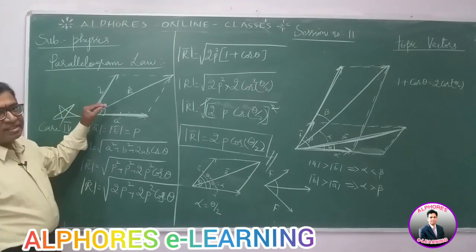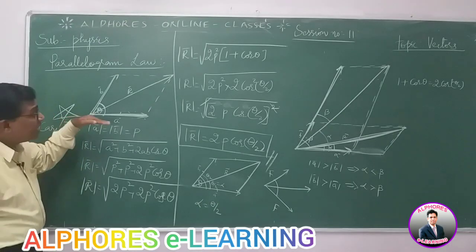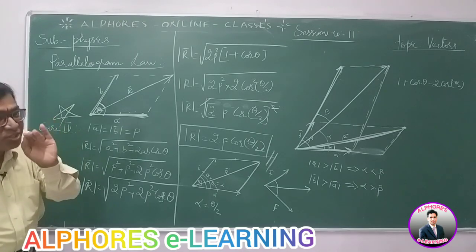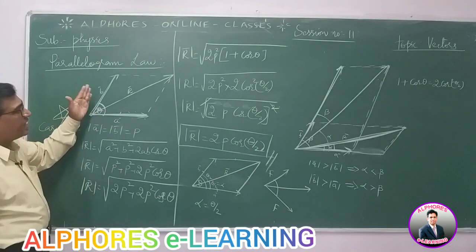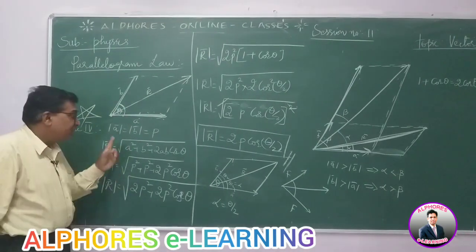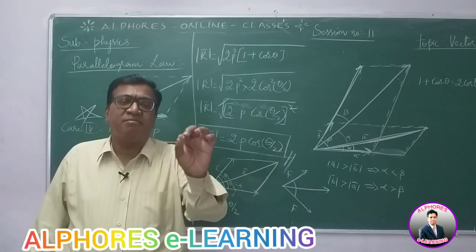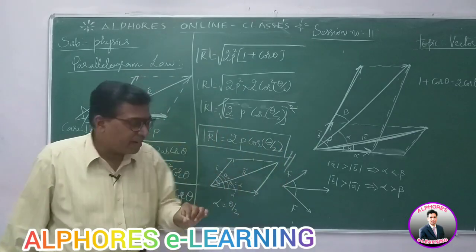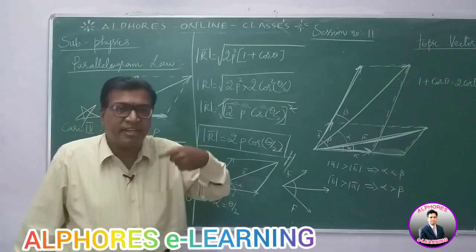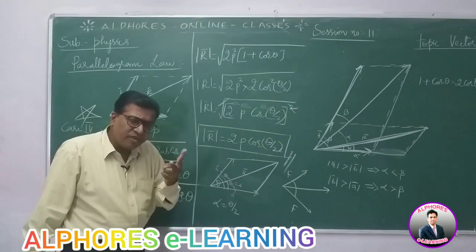If there are two similar vectors of the same unit and the same magnitude, represented as two adjacent sides of a parallelogram, with mod A and mod B equal to P, then the resultant magnitude is 2P cos theta by 2. Please try to recall this, it will be helpful to you in many cases.